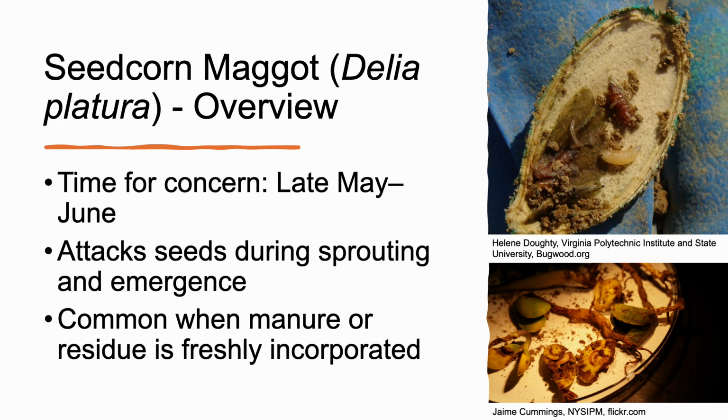Problems are most common in fields where manure or crop residue has been freshly incorporated. Both pictures on screen show seedcorn maggots that were found in plants and seeds. The top picture shows a maggot inside a soybean cotyledon, while the bottom picture shows a maggot inside a winter squash seed.